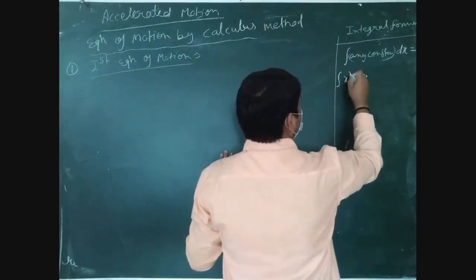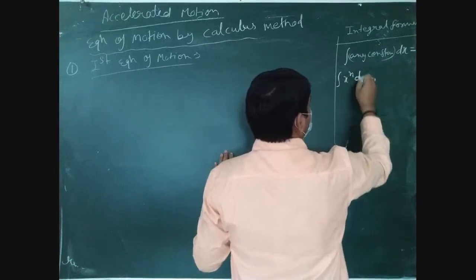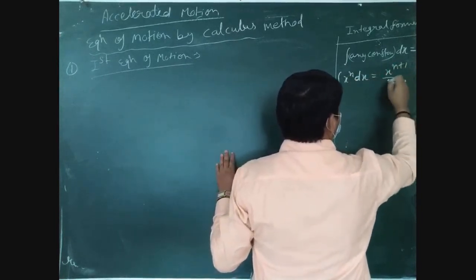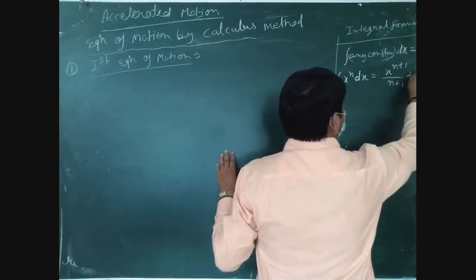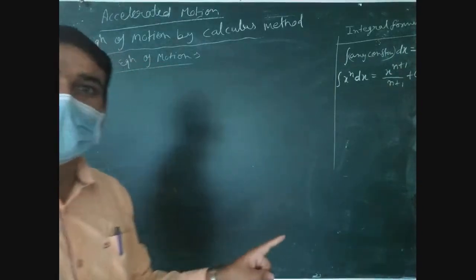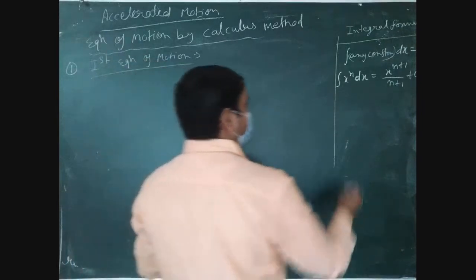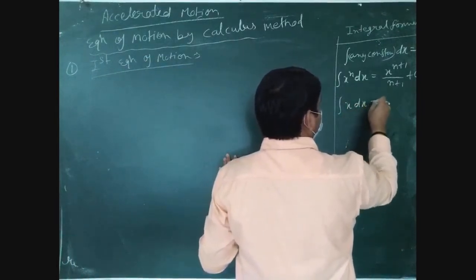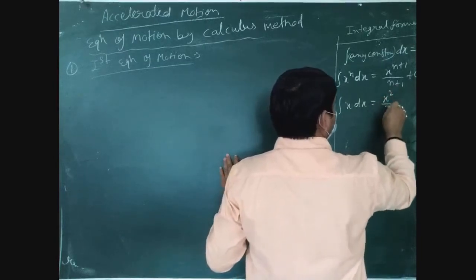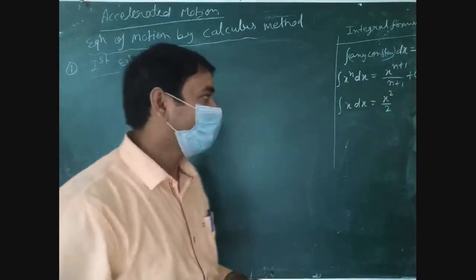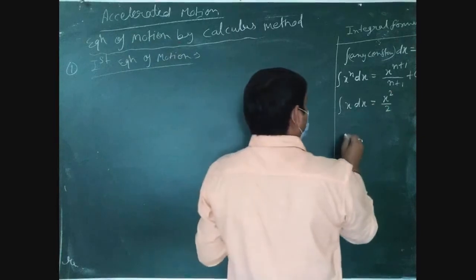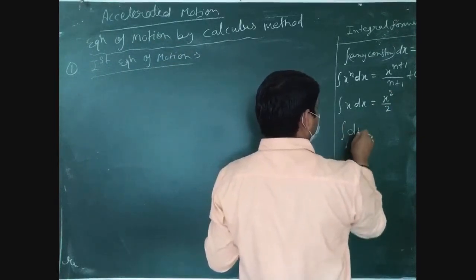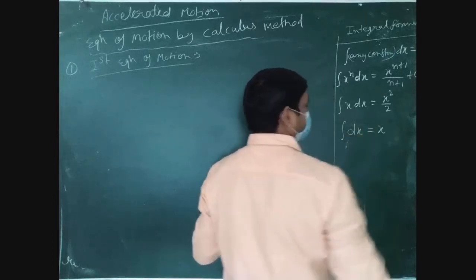Integration of x to the power n dx is x to the power n plus 1 upon n plus 1 plus c. Here c is used for the integration constant. Integration of x dx is x square by 2. Integration of dx is x.